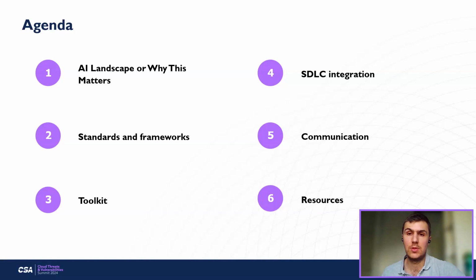Then we'll take a look at how all these topics, security, privacy and responsible AI, can blend into the software development lifecycle, no matter the methodology. Then we'll look a little bit at communication, and I'll also be sharing lots of resources along the way, so that you can continue using those in your own development.